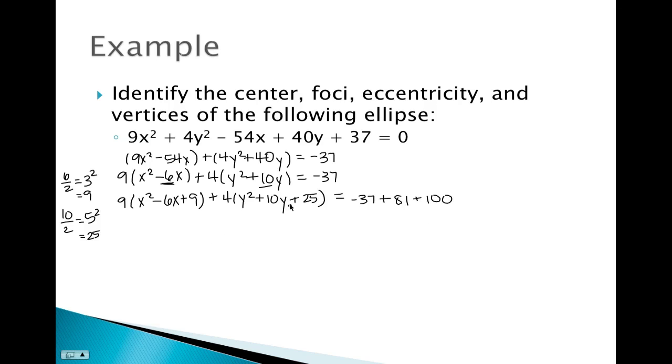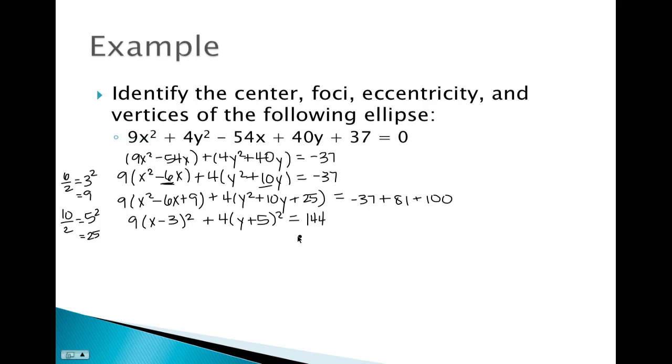Okay, so now we can write our terms in the parentheses as perfect squares. So now we have 9 times x minus 3 squared plus 4 times y plus 5 squared equals, and when you add all this together, you have 144.